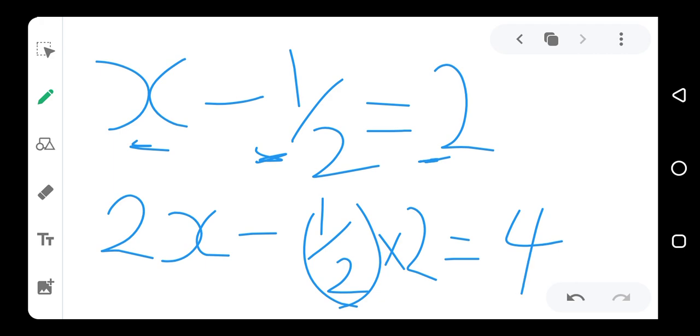We can also find the LCM. Anything standing on its own is over 1. So we can find the LCM of this one and this. So we say x over 1 and 1 over 2. The LCM is 2.